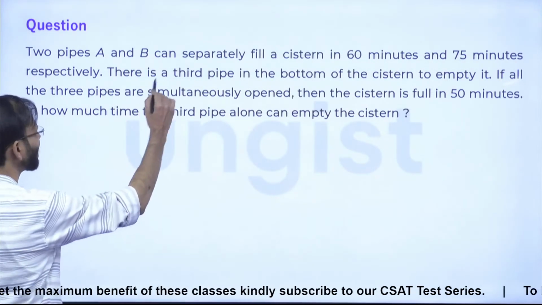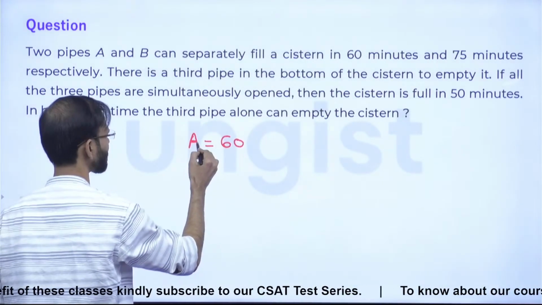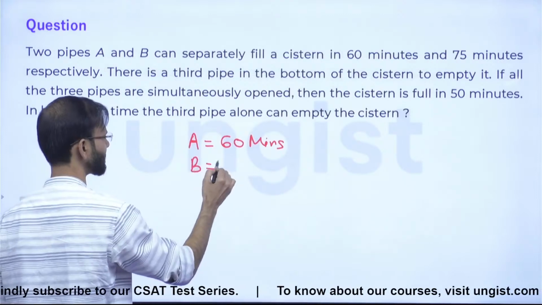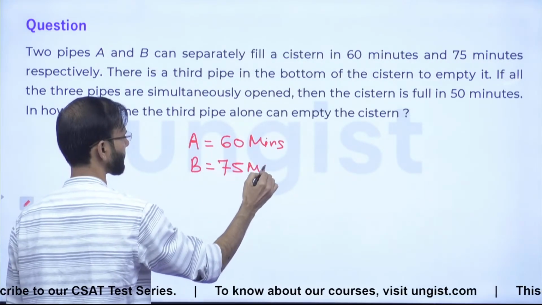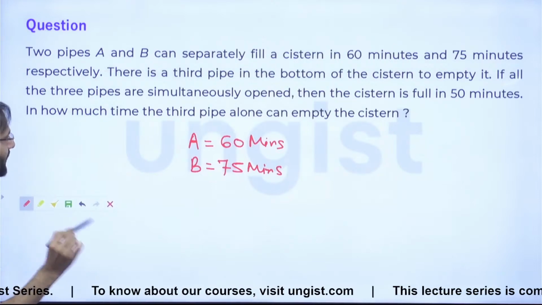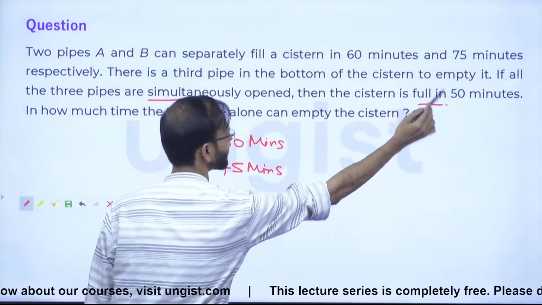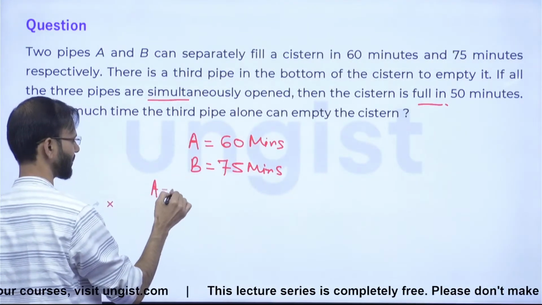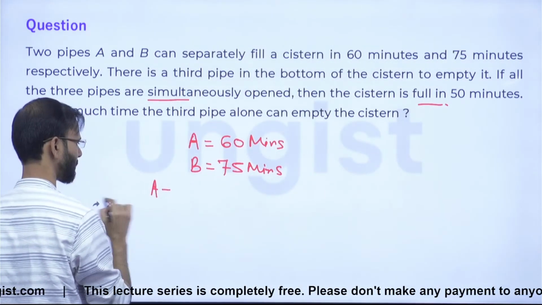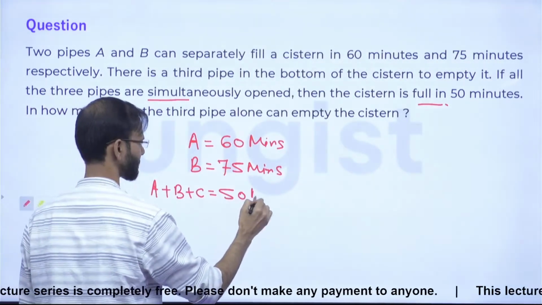Okay, guys, just check. Two pipes A and B can separately fill the cistern in 60 minutes and 75 minutes respectively. And third is the leak. If all the three operate simultaneously, then the cistern is full in 50 minutes. So A plus B plus C is equal to 50 minutes.